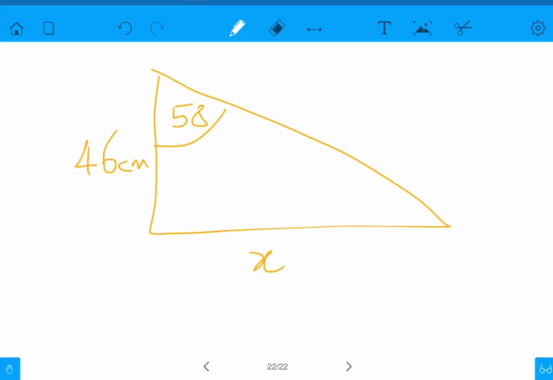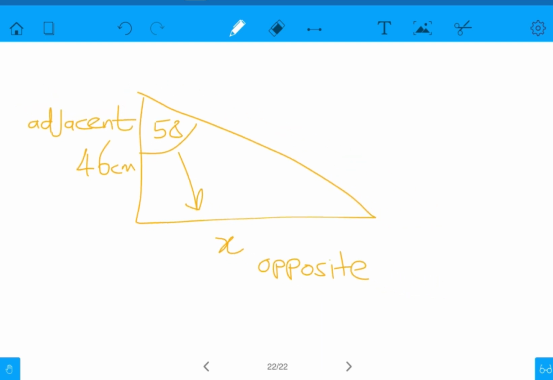If we focus on the angle given, and we know that side X is going to be opposite, and we know that the side of 46 centimeters is adjacent to 58. So we're given an opposite and we're given an adjacent.